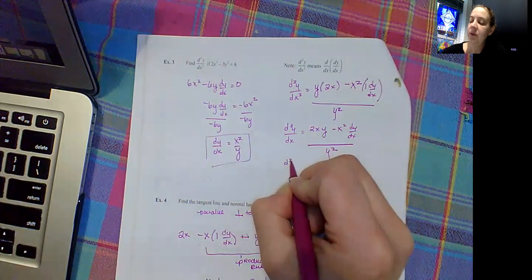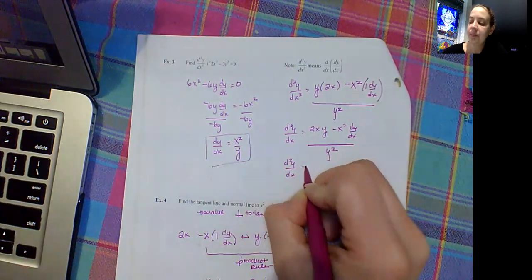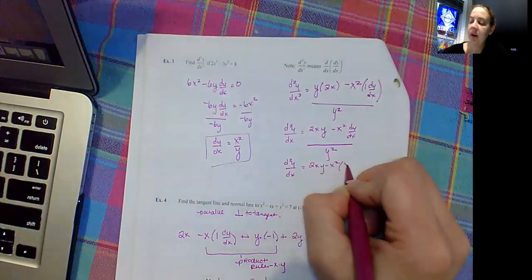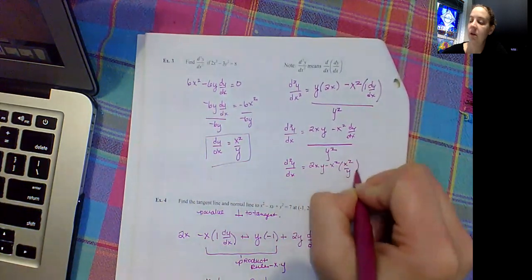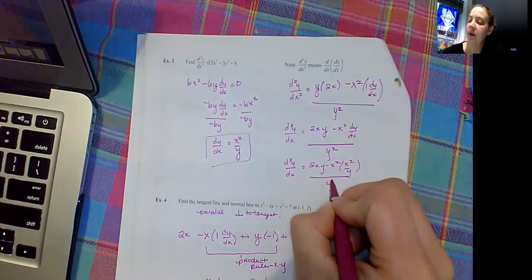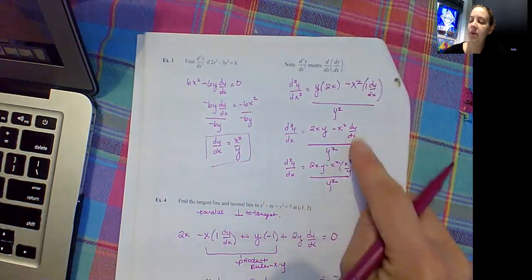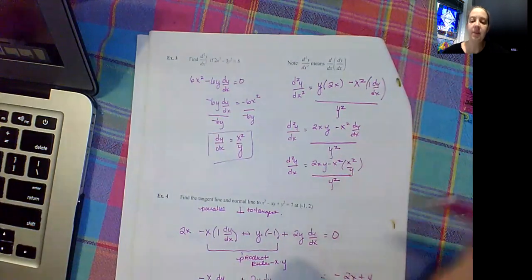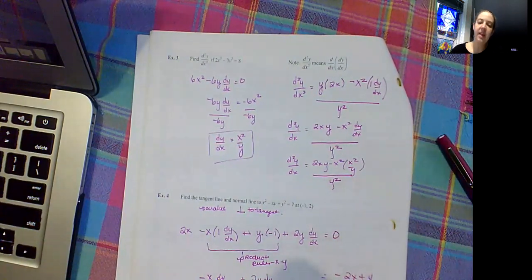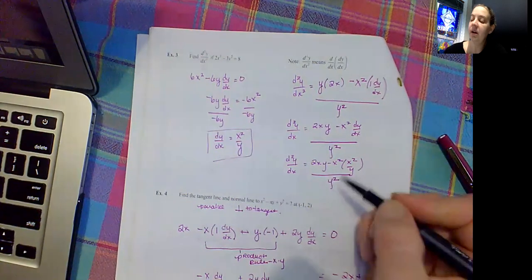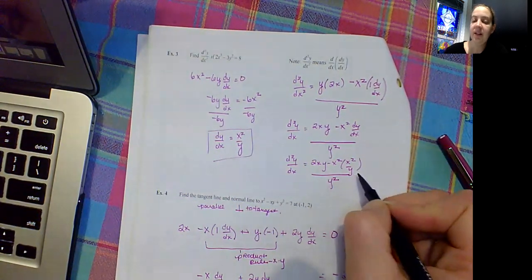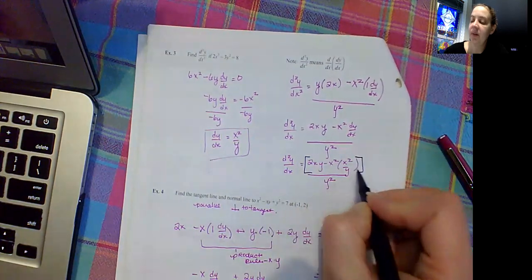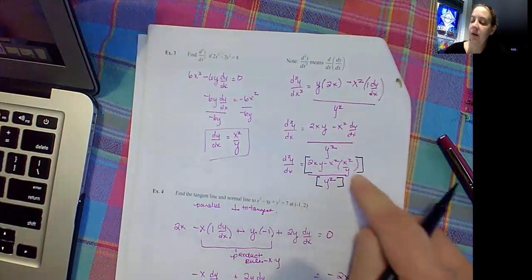So d squared y/dx squared is equal to 2xy minus x squared over y, all over y squared. Well, we took care of the notation problem. The dy/dx is out of here. But the next problem I have is an algebra problem, and that's the y that's in the denominator of the numerator, this one. That's no good. So what we need to do is multiply everything by the super common denominator, and that's y.